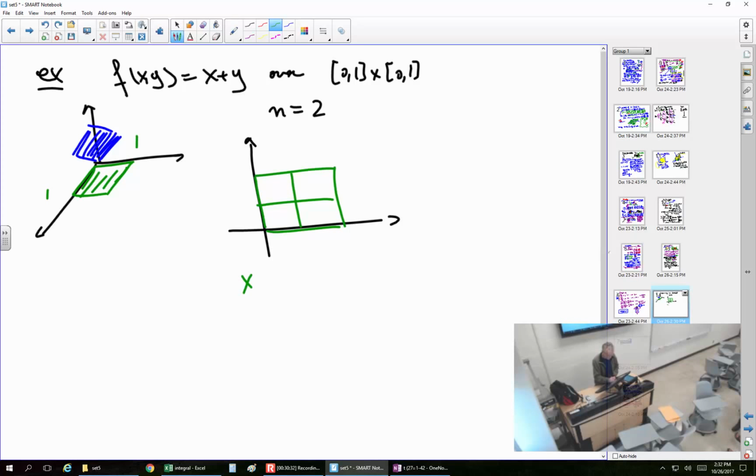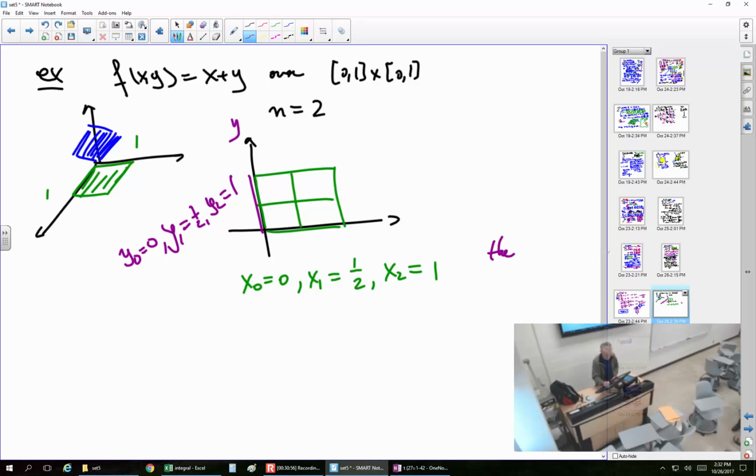Let me write it out. x0 is equal to 0, x1 is equal to 1/2, and x2 is equal to 1. Same with y, over here on the y-axis. I have exactly the same thing. So these are the endpoints of the intervals.